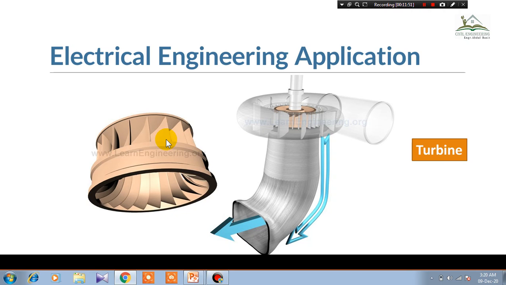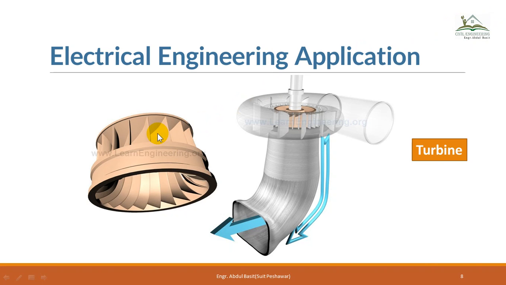The blades will be in contact with the flowing water, and the potential energy of the water, or the flowing energy, will be converted to mechanical energy, the rotation of the turbine, which rotates in the magnetic field. Current will be produced. This is how it will work, and that will be discussed later on in this subject.